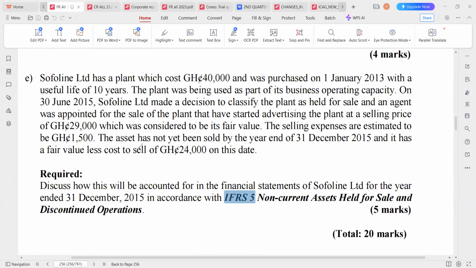Please, here you should know how to calculate depreciation. Software Line Limited has a plant and the cost is 40. Let's do the comment first. Discuss how this will be accounted for in the financial statements. It means what will go to P&L, what will go to financial position.